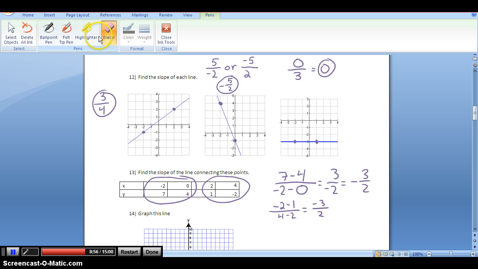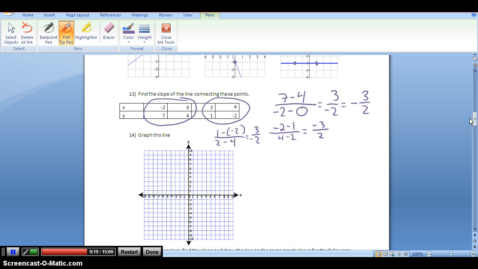I got 1 minus a -2 over 2 minus a 4, and that would give me 1 plus 2, which is 3, and 2 minus 4, which is -2, again getting a -3 over 2. Either way, no matter which direction you go, you should get the same slope there.